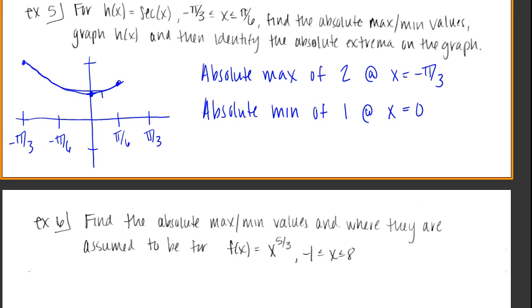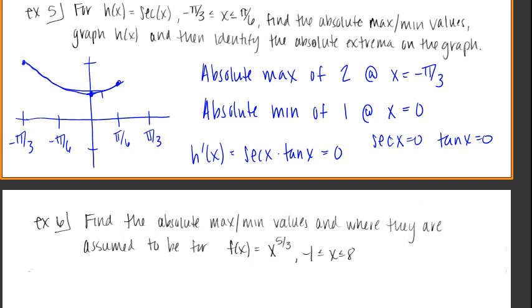If we wanted to look at the derivative like I did before, the derivative of secant x is secant x tangent x. If we set that equal to 0, we have two options since it's factored: secant x equals 0 or tangent x equals 0.